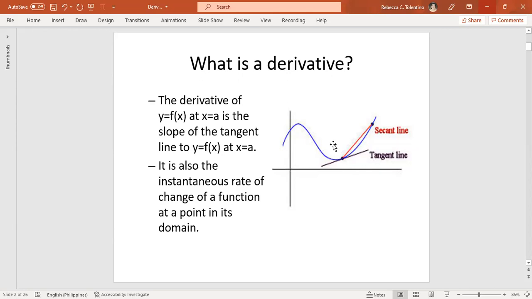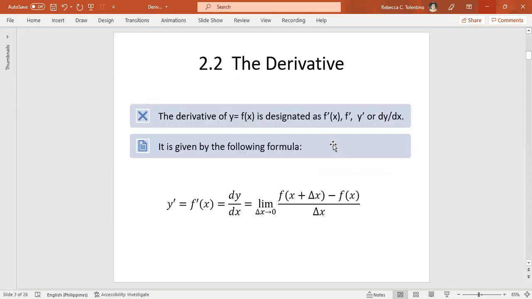So the slope is related to the concept of limits in that the derivative of y with respect to x is defined as the limit of f of x plus delta x minus f of x, all over delta x.